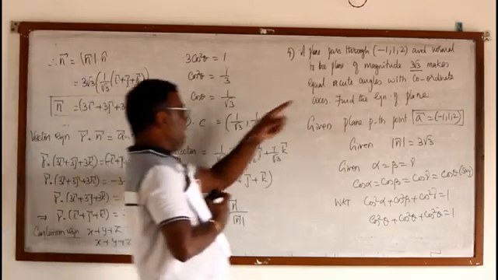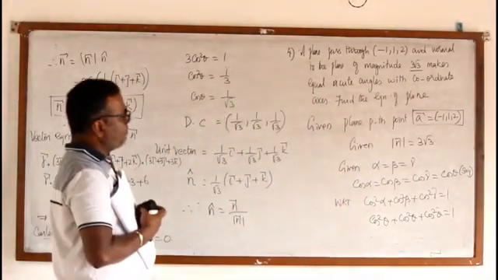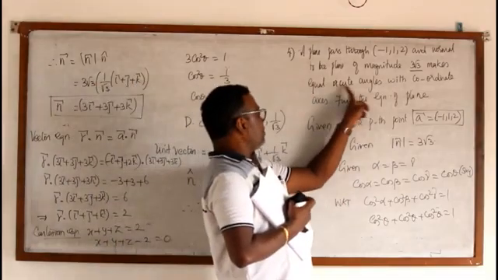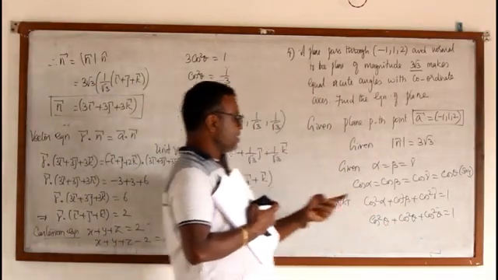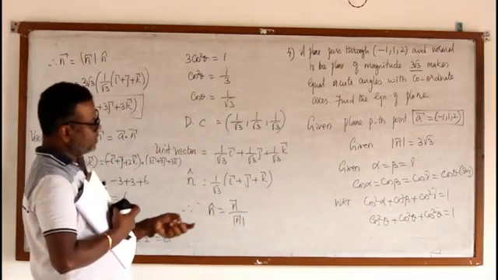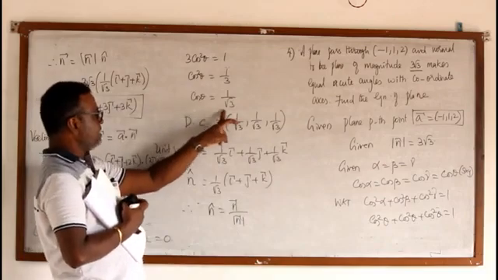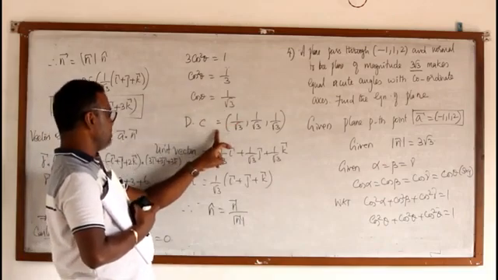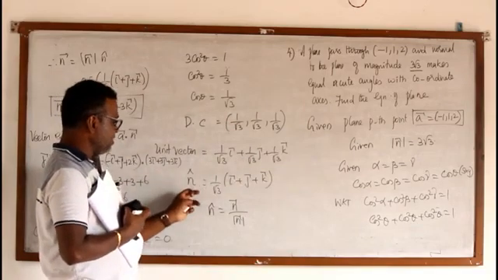So the magnitude, you must take it as modulus. So I need a unit vector. For that they gave acute angles are equal. So for alpha, beta, gamma, cos square theta, cos square gamma equal to 1. Instead of alpha, beta, gamma I am giving theta itself. From this, cos theta is 1 by root 3. This is the direction cosine, which means if I put i, j, k, that becomes the unit vector, the unit normal vector.